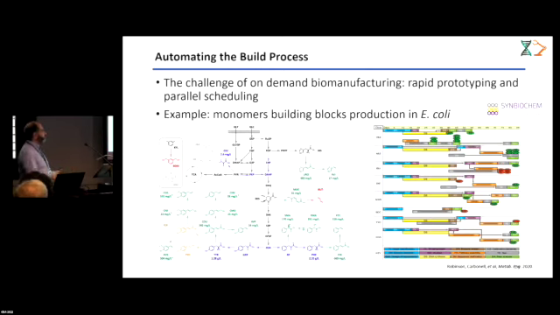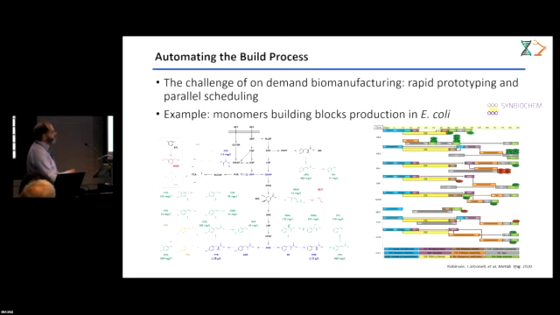So in that way, this is a proof of concept that was performed in Manchester, where we selected around 25 different targets, and all of them have to be produced in the biofoundry in parallel.